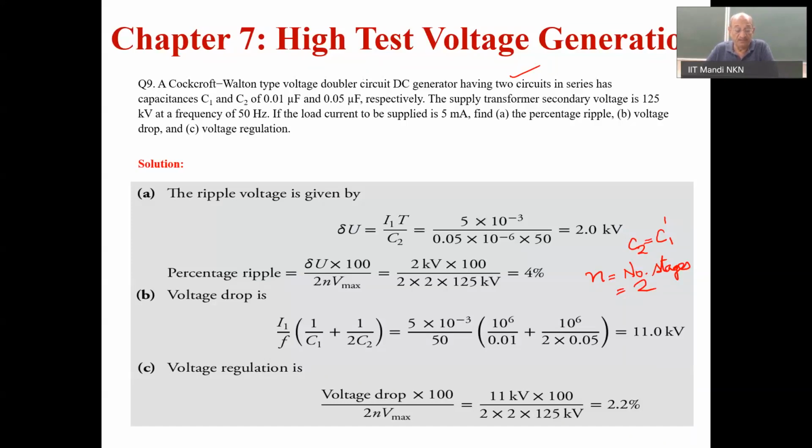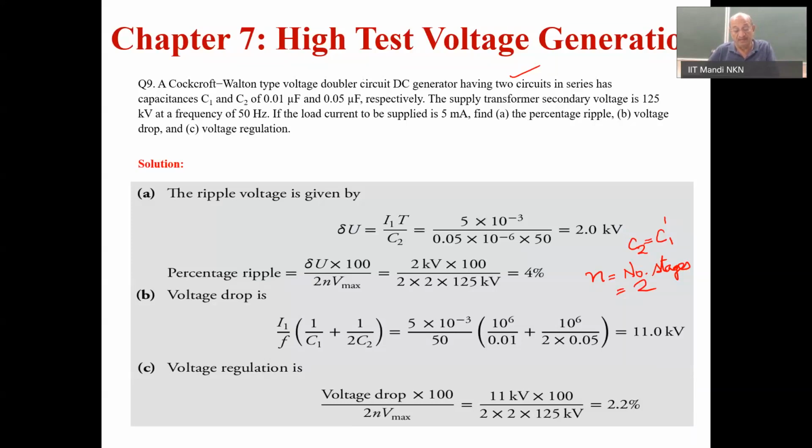Then the voltage drop is given by I1 upon F, 1 upon C1, and 1 upon 2 C2.